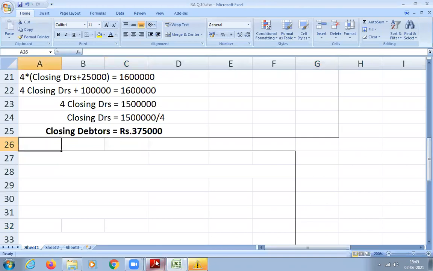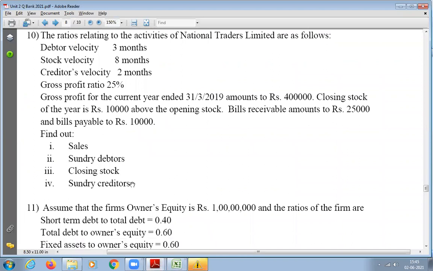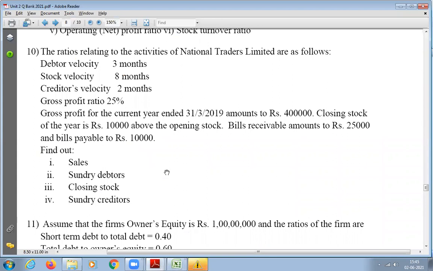Next, what do you have to calculate? Go back to the question and check: closing stock. How to calculate closing stock? Anybody, any idea? Where do you come across closing stock? He has given us stock velocity and creditors velocity.